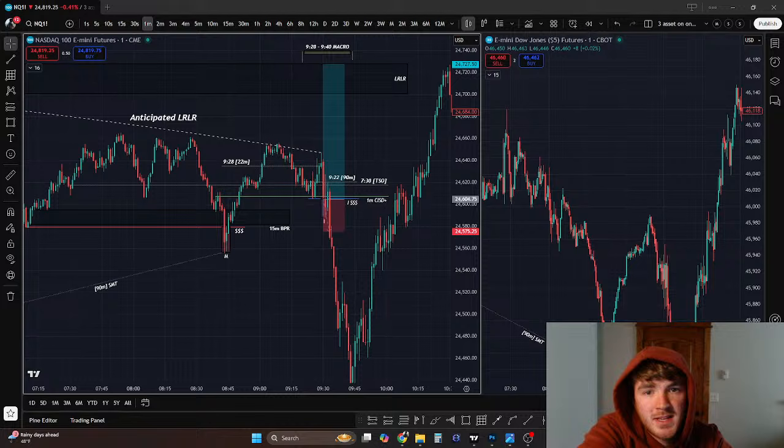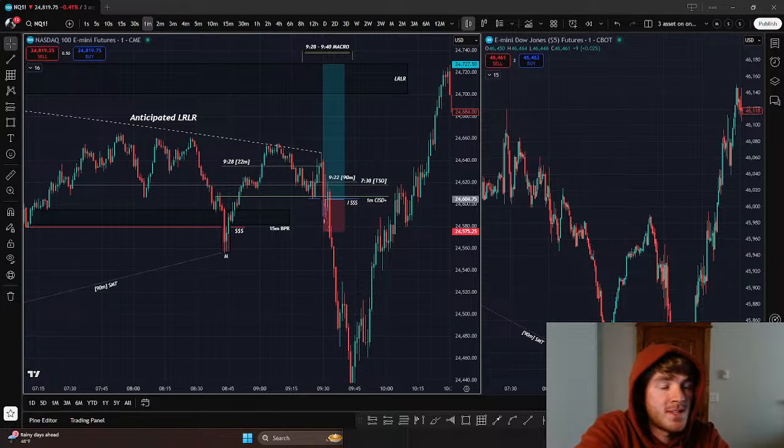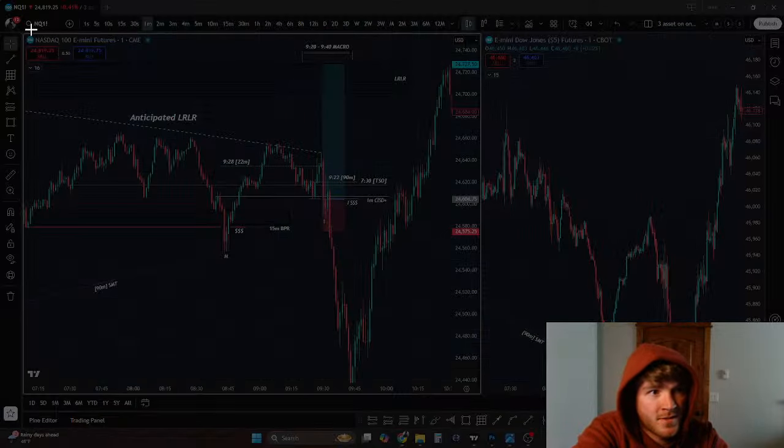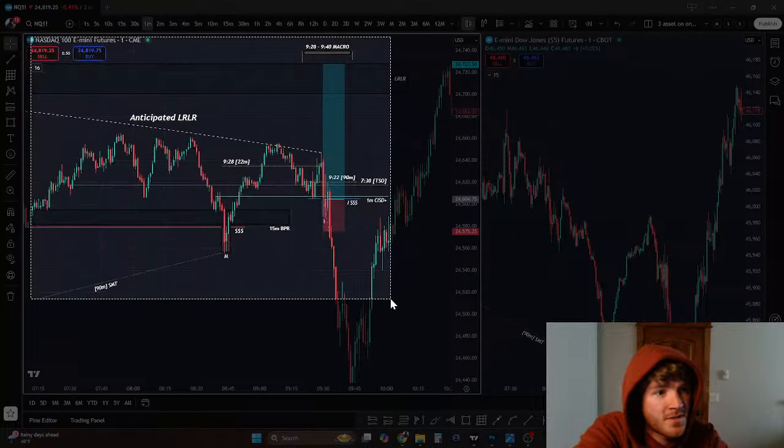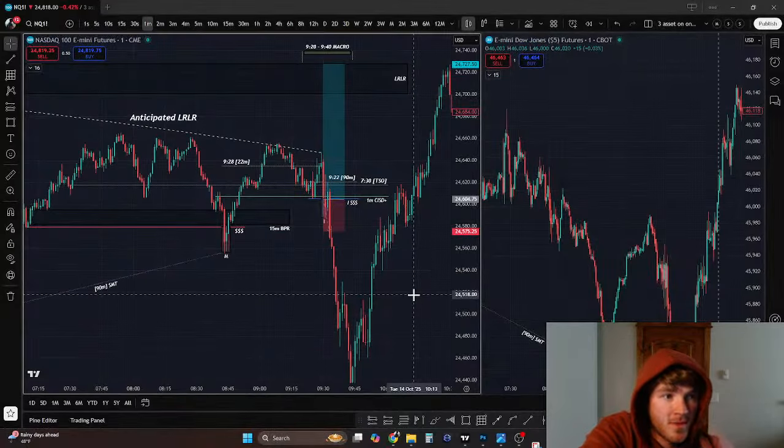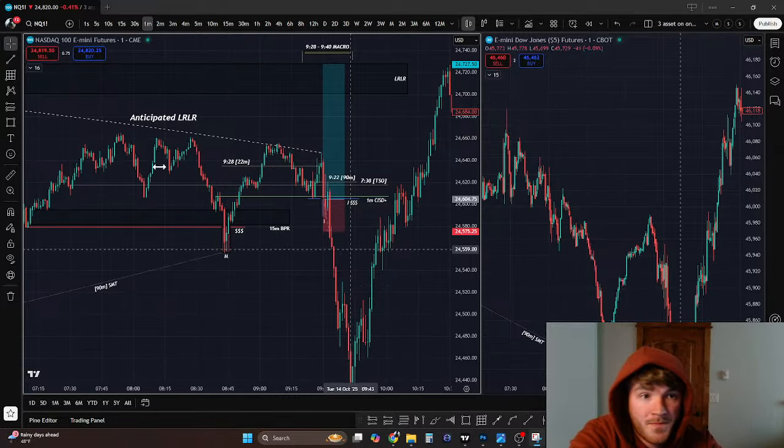And the reason the bias ended up being wrong was because we got SMTs against that high resistance curve that I thought was going to be low resistance on market open, but it wasn't.